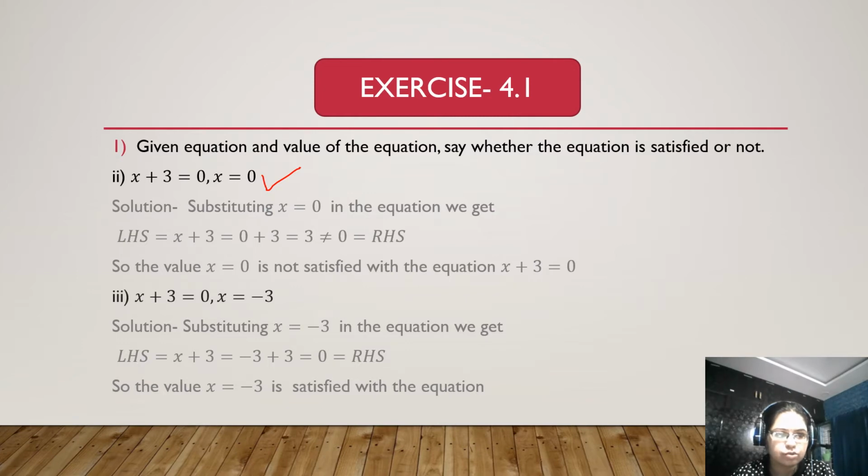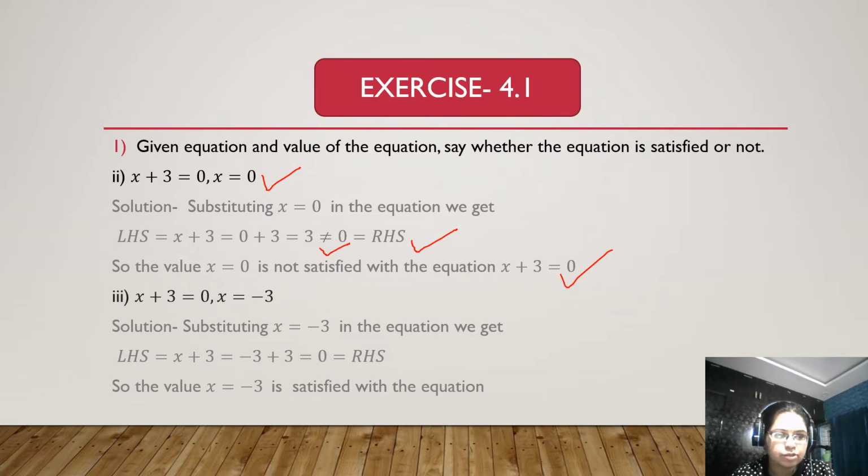So substitute x equal to 0: 0 plus 3 equal to 3, and 3 is not equal to 0, which is the right hand side. So x equal to 0 is not satisfied for the equation x plus 3 equal to 0.